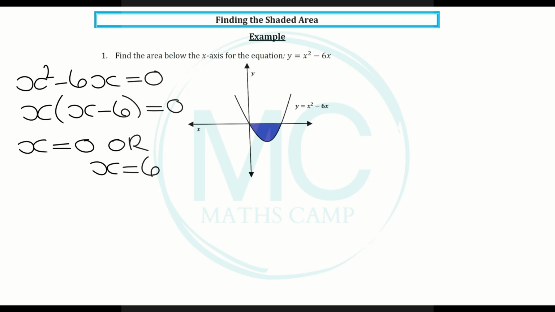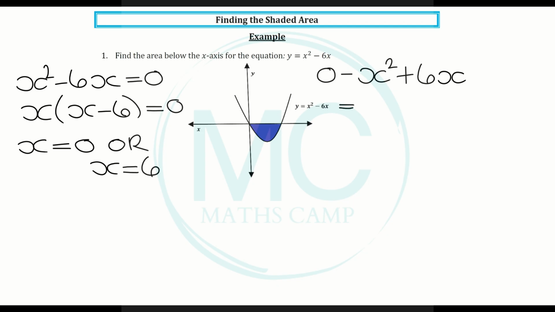In this example, the curve lies below the x-axis. So before we can integrate, we need to subtract the equation of the curve from the equation of the x-axis. The x-axis always has an equation of 0. So we can say 0 minus the equation of the curve, x squared minus negative 6x. This is now the equation that I need to integrate.